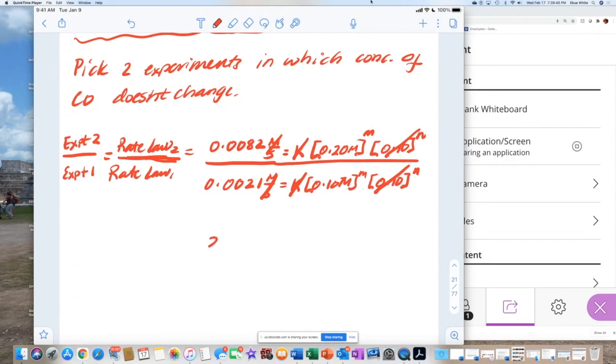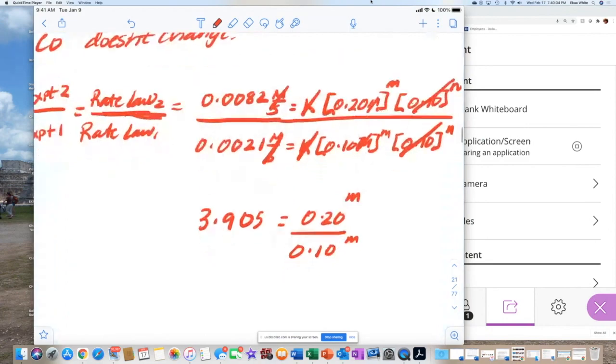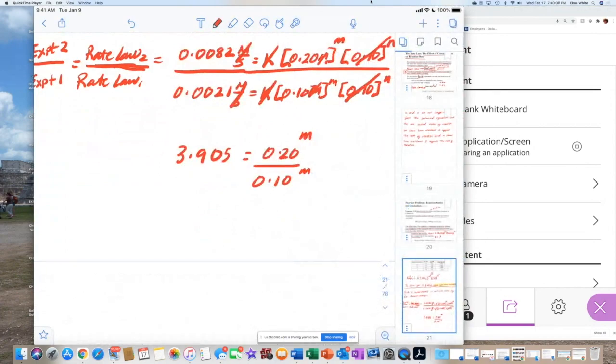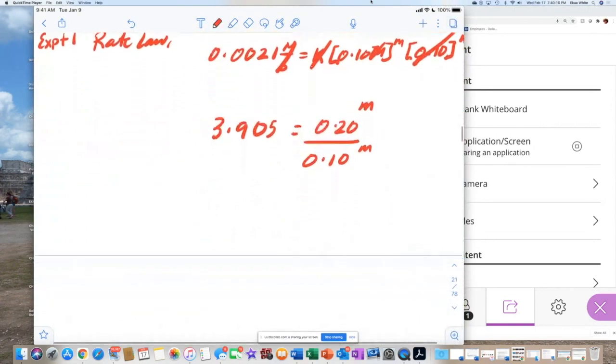So I got 3.90. I divided these already. 5 equal 0.20. Oh, the m's in here cancel out. 0.20 power m over 0.10 power m. There is a rule in math that says when you have numbers with the same exponents, you can consolidate them, right?